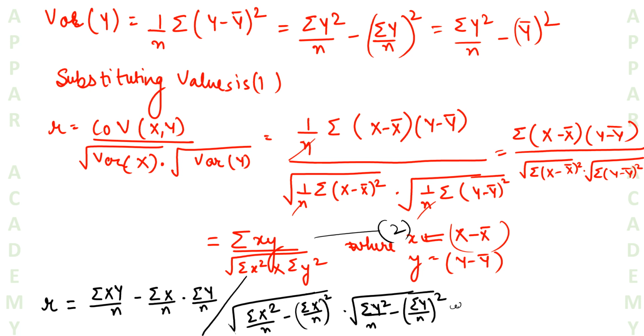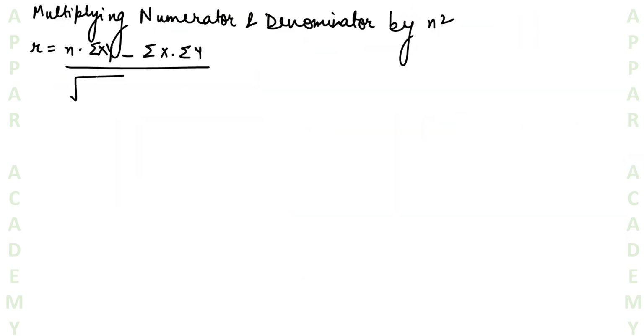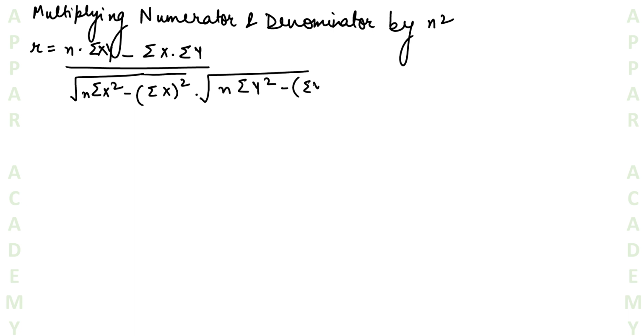When we take it inside the square root, n square becomes n to the power 4, and n to the power 4 under the square root means n square. So this becomes square root of n summation x square minus summation x whole square, into similarly n summation y square minus summation y whole square. So this becomes our equation number 3.